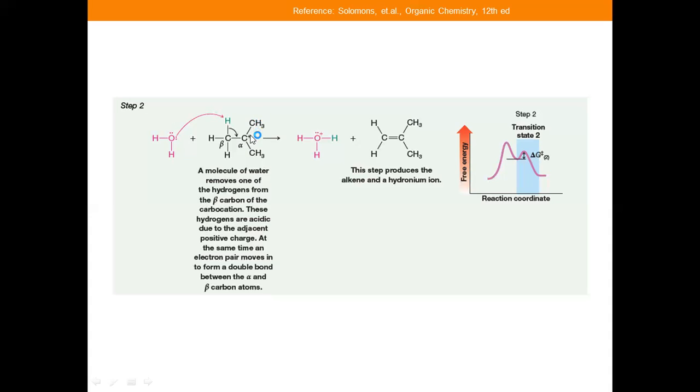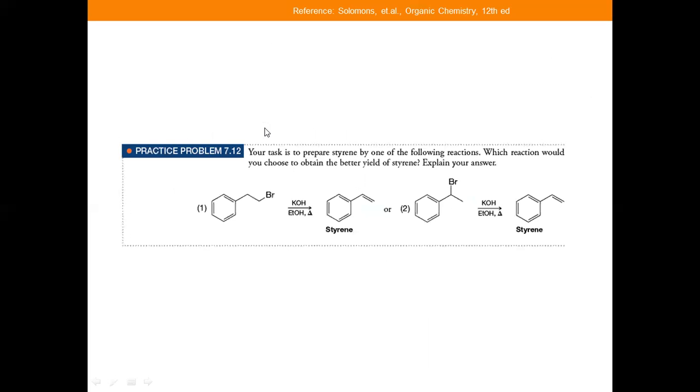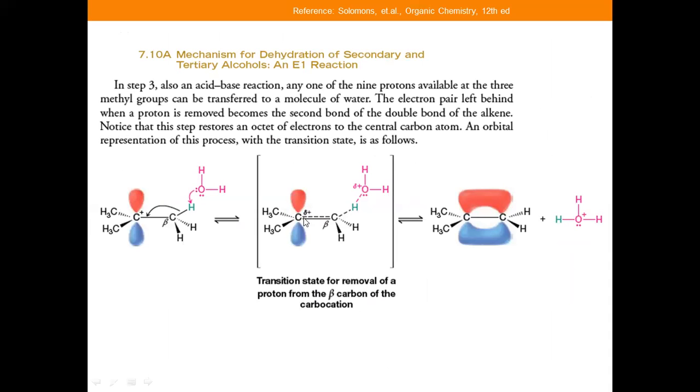If you remember your pi orbital, it's formed by sideways overlap, right? Of an unhybridized p orbital and another unhybridized p orbital. You have an unhybridized p orbital here, and the other one is an sp3.